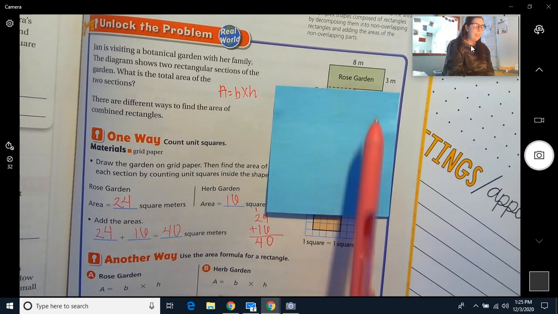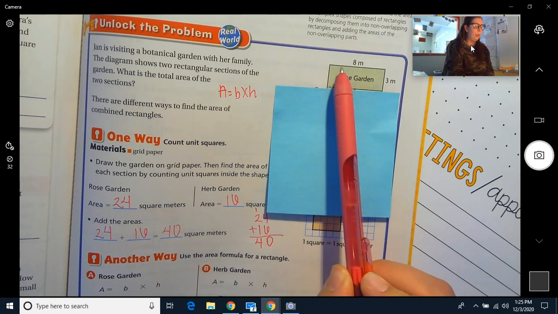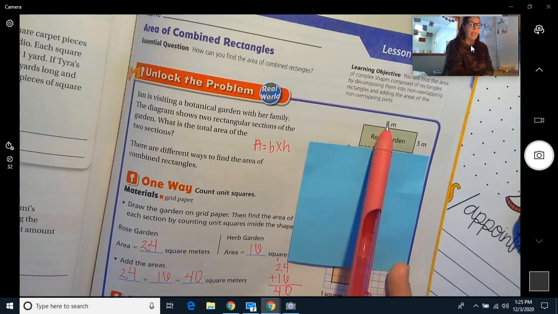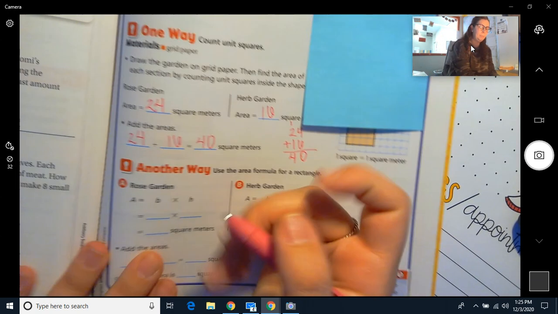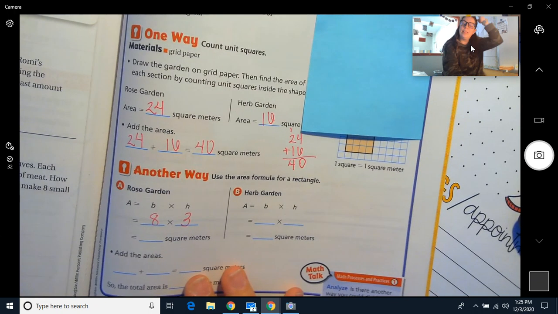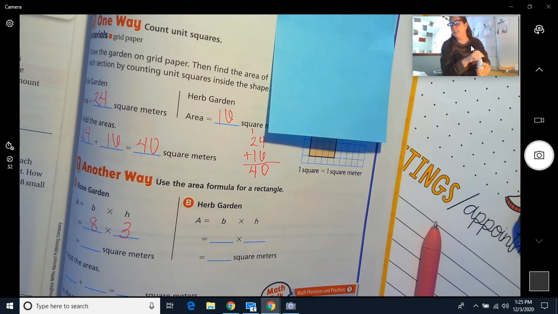Remember, base is the horizontal, height is the vertical line. So for area down here, where I write base times height, I would write 8 times 3. 8 times 3. If you would like to answer what 8 times 3 is, comment with the letter T in the chat, please.